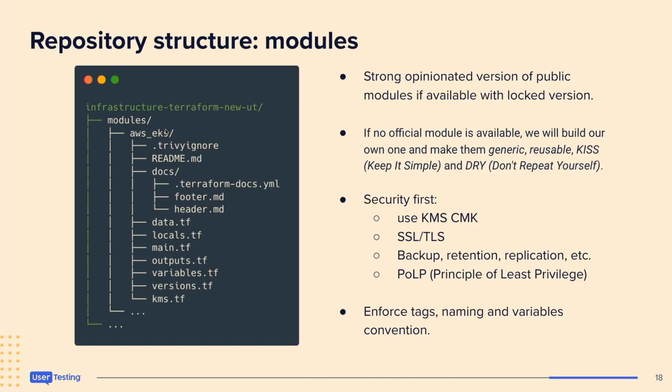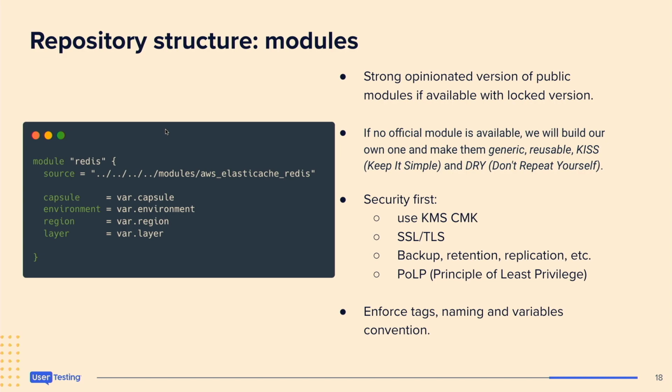So at the end, what we have is a strong opinionated version of the models, which at the end, one instantiation of one model looks like something like this. So a developer can deploy any resource that he needs for his application without having to have deep knowledge on the infrastructure part.